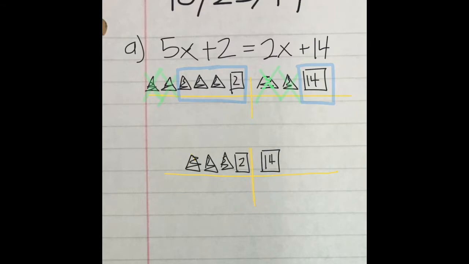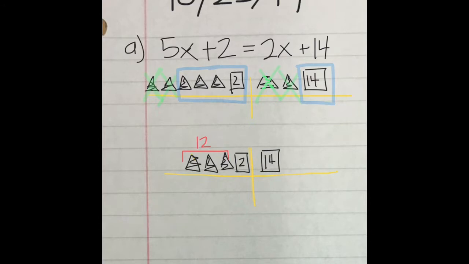14. So now I've got to think to myself, I'm obviously trying to get this whole side up to 14. I've already got 2 here, which means what I have left over here has to add up to 12, because 12 plus 2 will give me 14 on this side, and then I'll have 14 on this side.